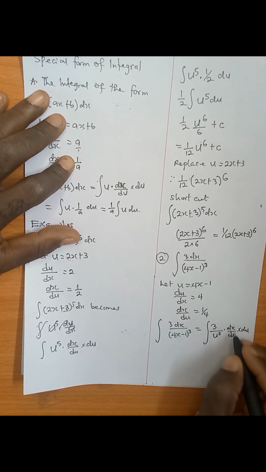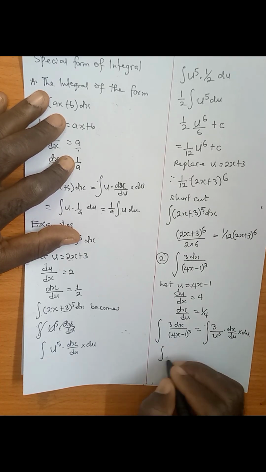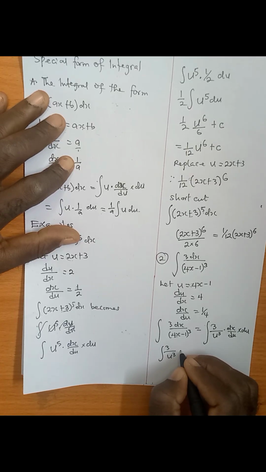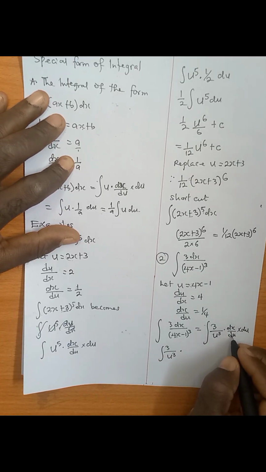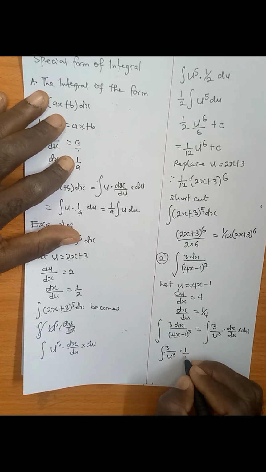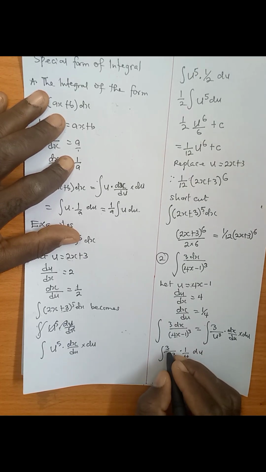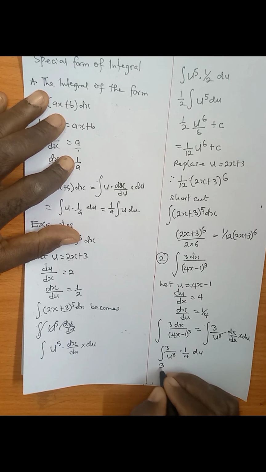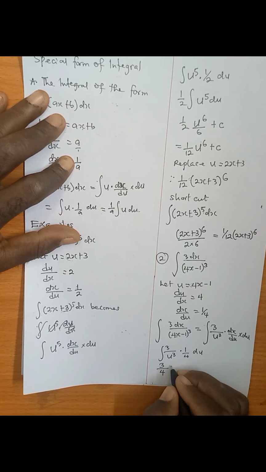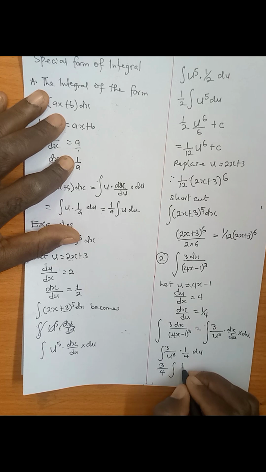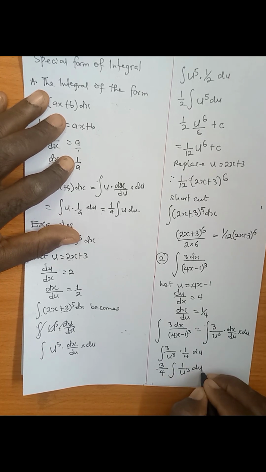Okay, now let us substitute this value. This will be integral of 3 over u raised to power 3. dx/du is equal to 1 over 4. Then we have du here. Then we have this 3, we'll bring it out because it's a constant value. Then this 4 will come out as well. We now have 1 over u raised to power 3 du.